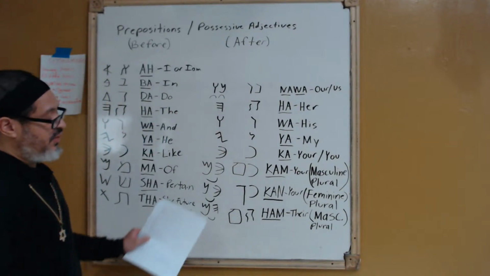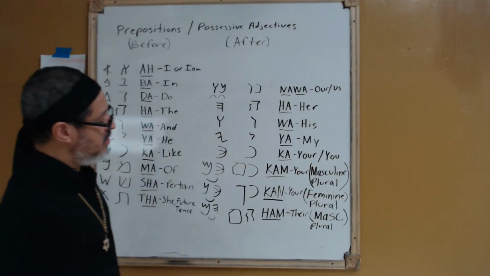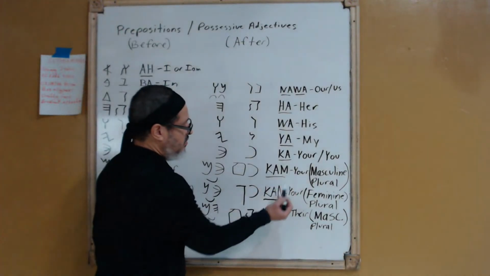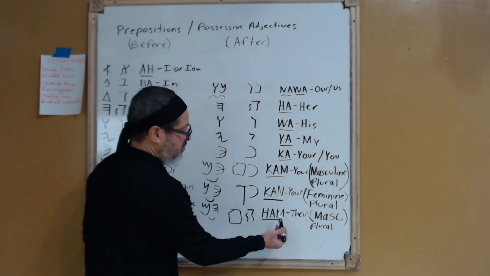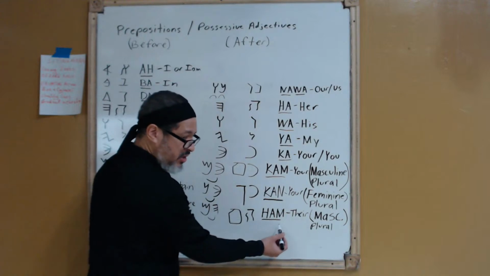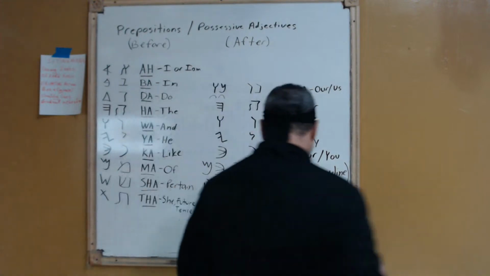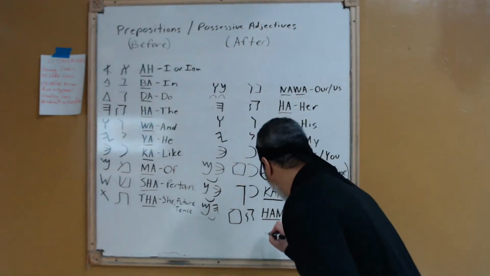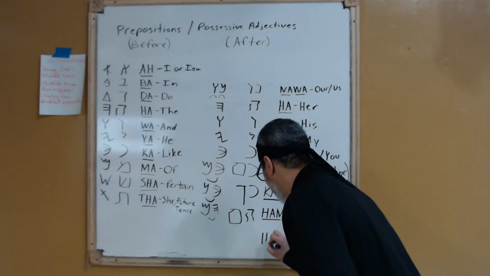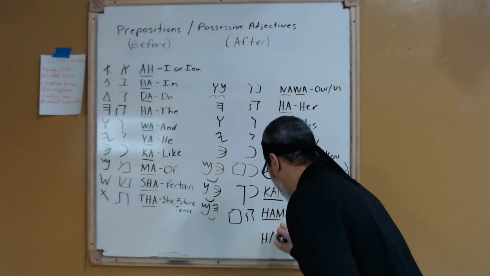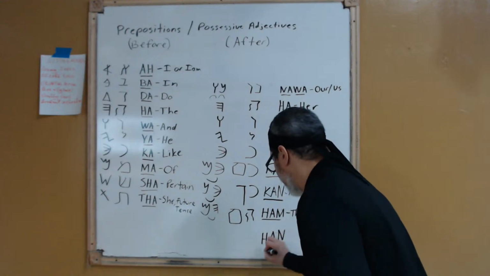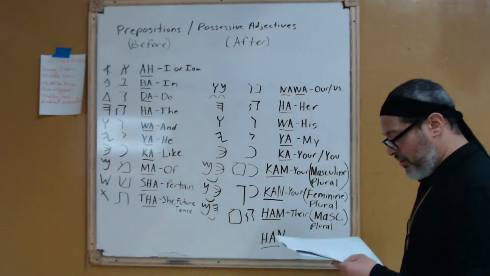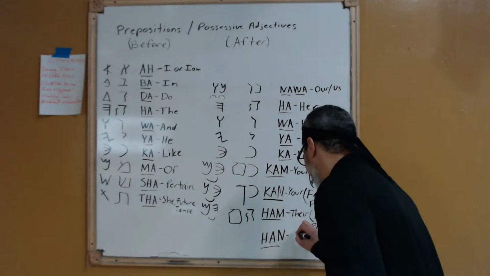And now for the feminine version, just like we had "kam" and "kan", it's going to be "hum" and "hun". So that would be H-A-N, "hun", and that's "their".